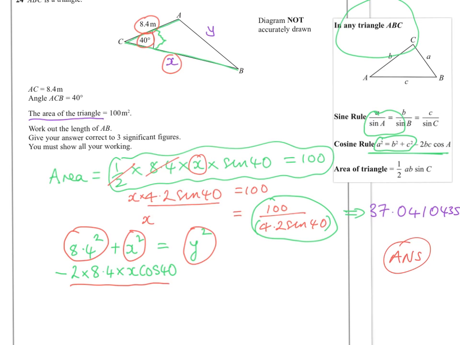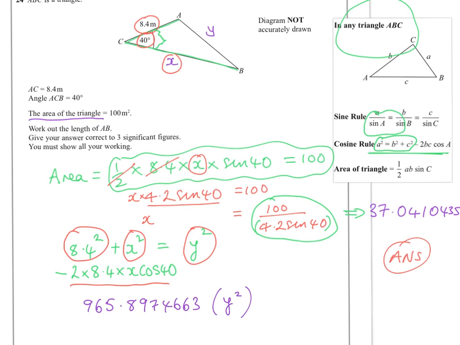And then I'm going to take away 2 times 8.4 times x, which is ANS again, times cos 40. And that's going to give me this value here. I get 965.8974663, but that's what y squared is.